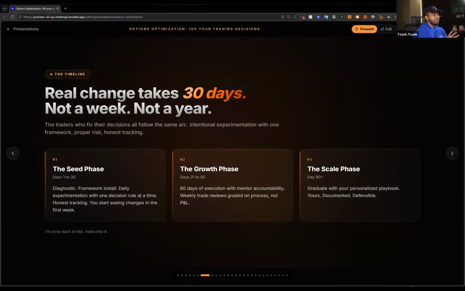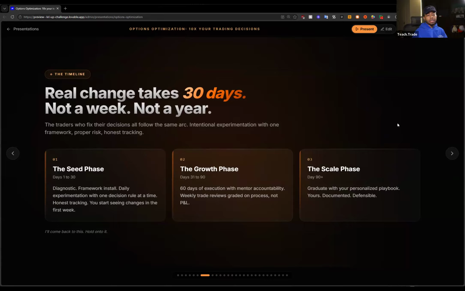And that typically sits in these phases where we start with that seed phase, where it's about uncovering which decisions actually are there, to strip back the layers such that you can get a better sense of the ones that are positively benefiting you and the decisions and behavior habits that tend to impede your progress. That's typically what the first 30 days happens.